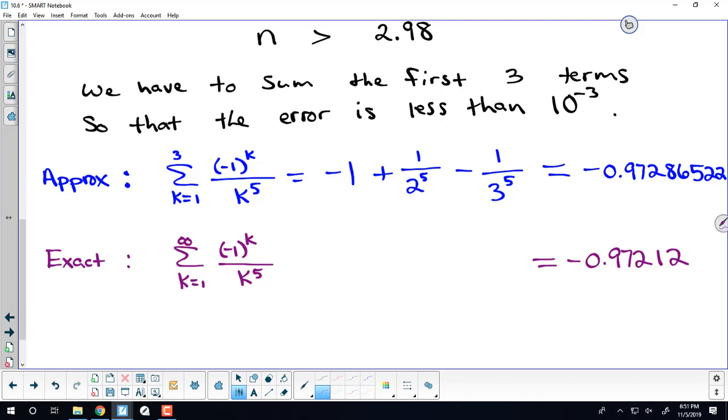So if we compare where we're off in our approximation to the exact value of the series, it starts in the 4th place behind the decimal. So we're off here, but that's past 10 to the negative 3.